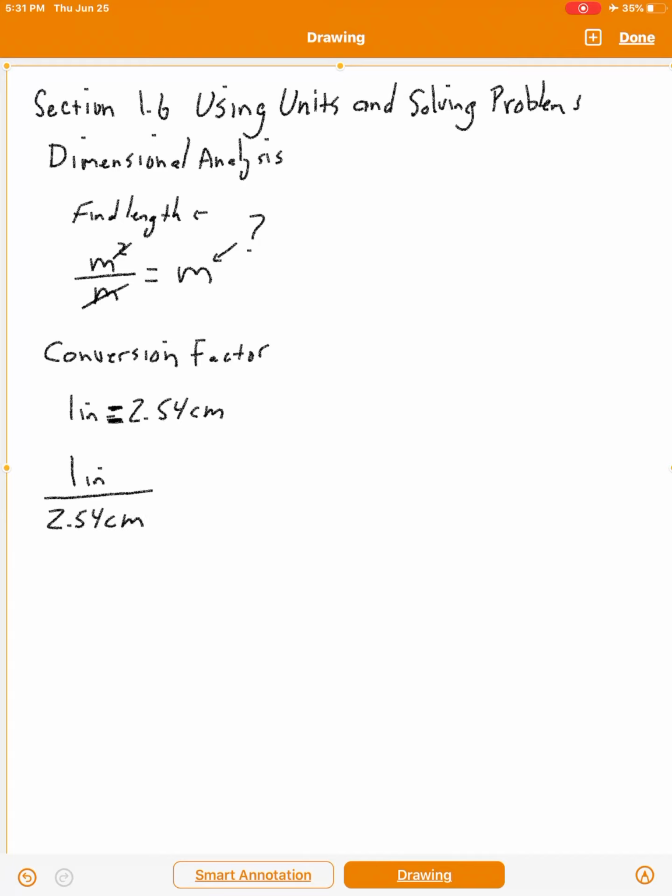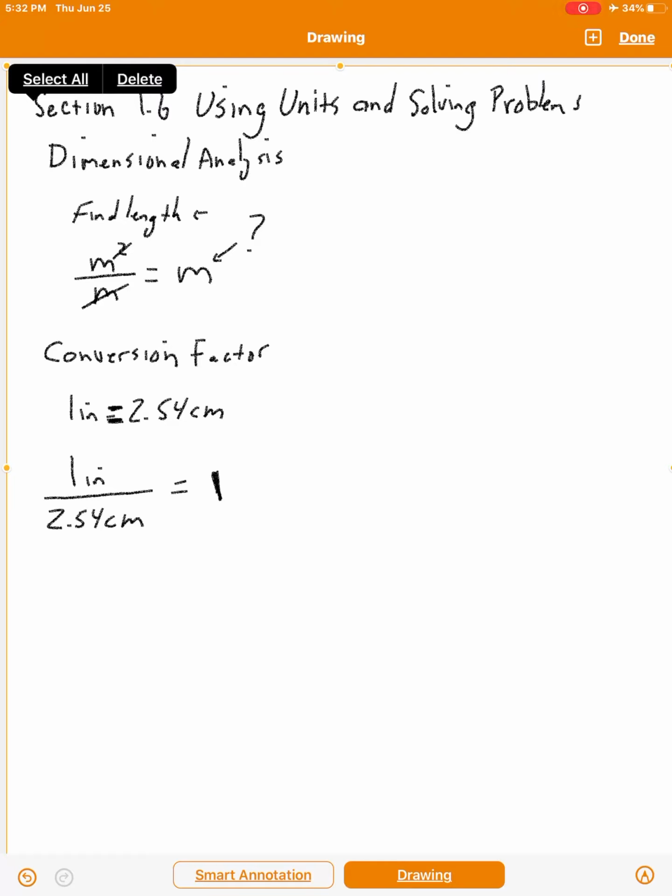If we divide both sides of the equation by 2.54 centimeters, on the left side we would have 1 inch over 2.54 centimeters. And on the right side we would have 2.54 centimeters divided by 2.54 centimeters, which is just 1. So what that tells us is that 1 inch divided by 2.54 centimeters is 1.